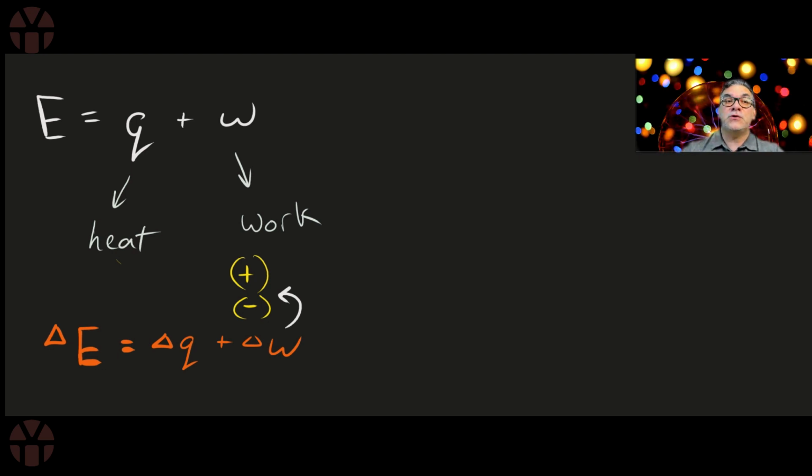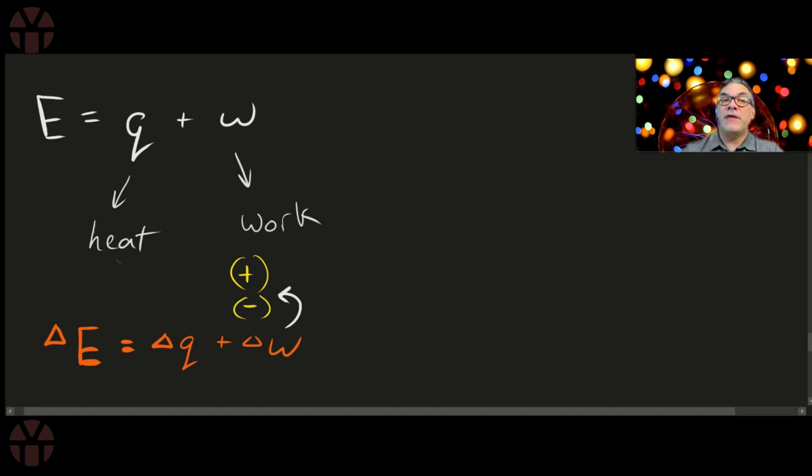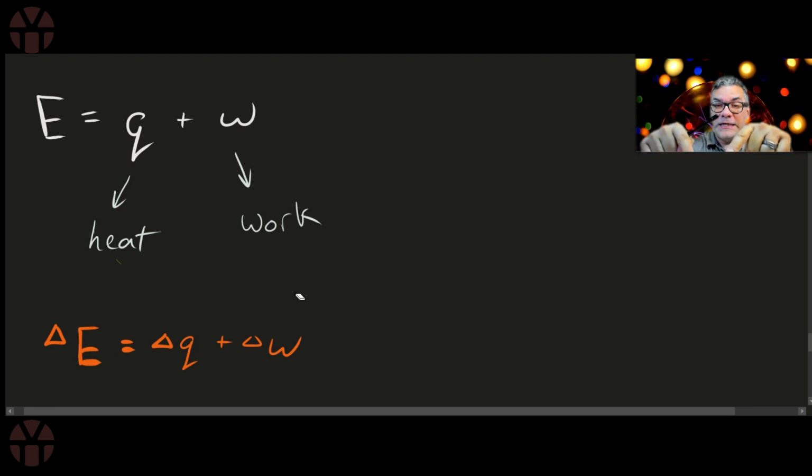So this is when I combine the amount of heat absorbed or gained by an object, a reaction, or a substance with the amount of work that was done to it or by it, right? When I add those two things up, that gives me my change in internal energy.